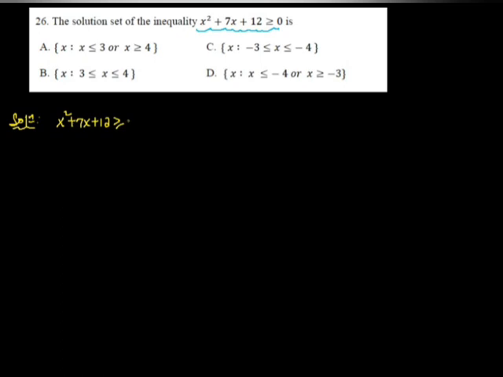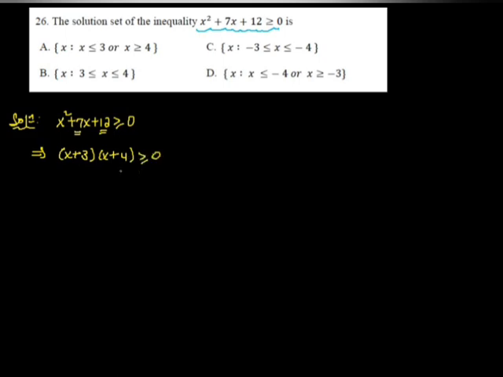So always the first thing is we need to convert this into factorized form. The numbers that add to 7 and multiply to 12 are 3 and 4, so the factorized form of this quadratic inequality will be x plus 3 times x plus 4, and this is greater than or equals to 0.